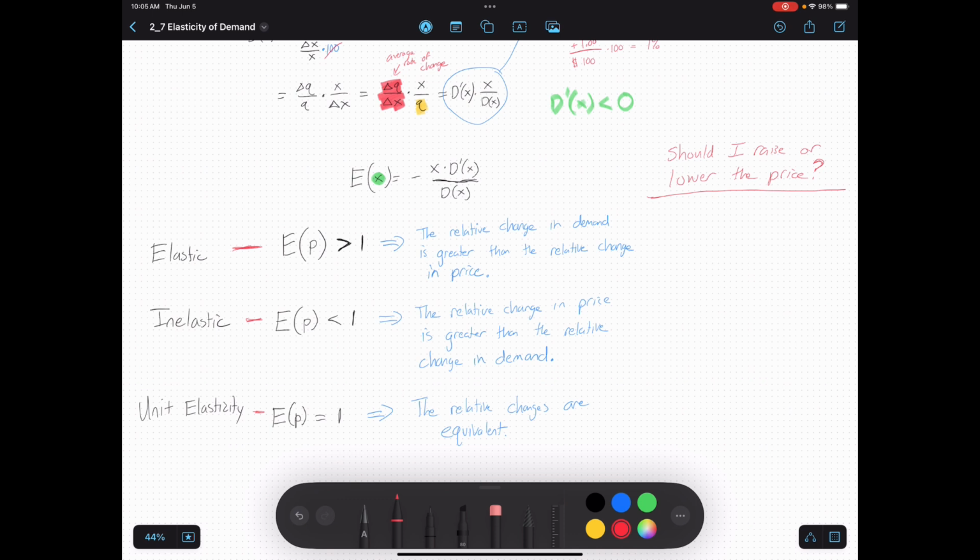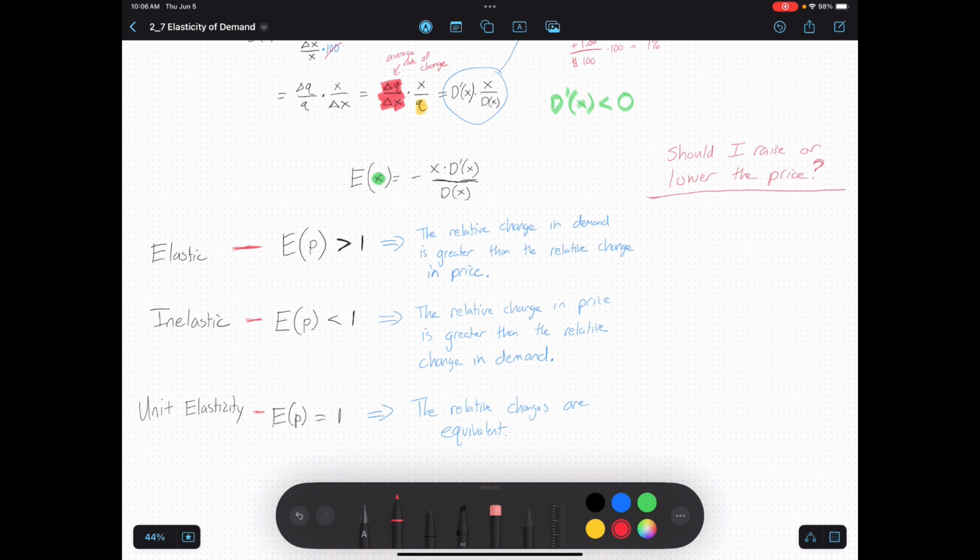So what happens if I raise the price slightly? Because the relative change in demand is greater, just making a small change in price is going to have a big effect on my demand. So if I raise the price slightly, it's going to end up with a large decrease in demand. Remember, we're always assuming that increasing the price will decrease the demand.